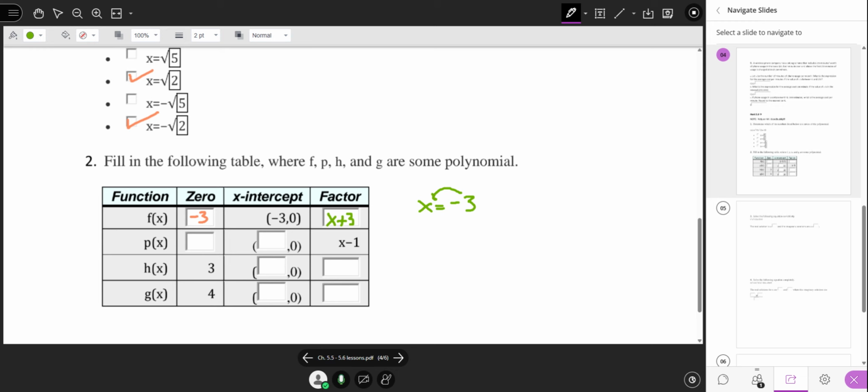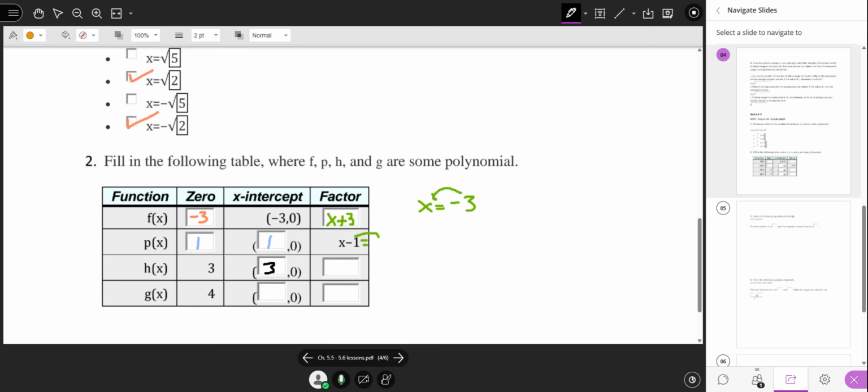So then when this goes to the opposite side of equals, it becomes positive 1. And so that's a 3. So that's a 3.